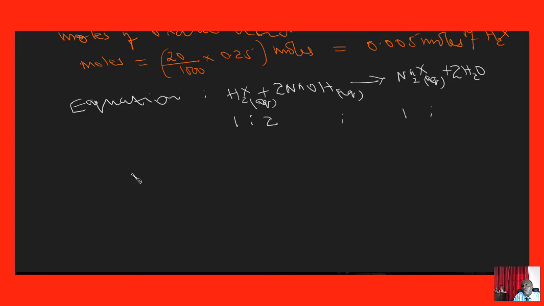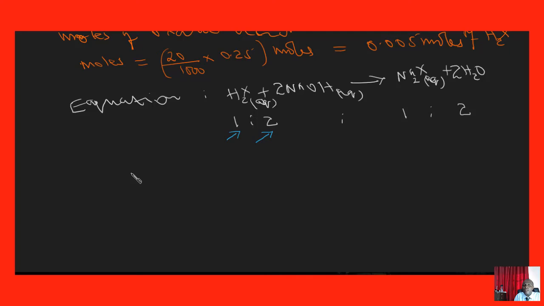But our interest is the ratio between H2X, that is oxalic acid, and sodium hydroxide. So they react in the ratio of 1:2. That is, we need double the number of sodium hydroxide particles as those of oxalic acid. And already we have calculated the number of moles of oxalic acid, so the number of moles of sodium hydroxide must be double. That's what we can see from the chemical equation.